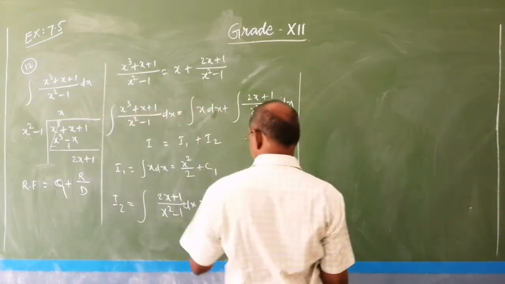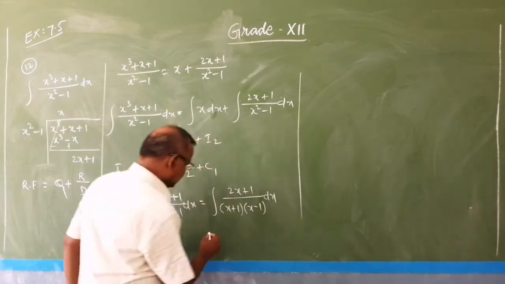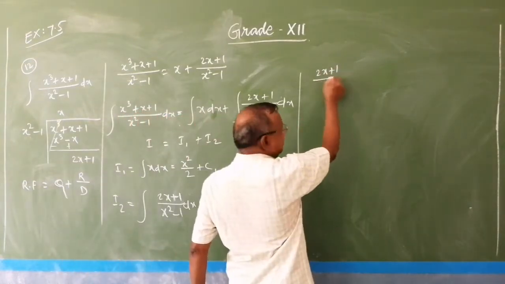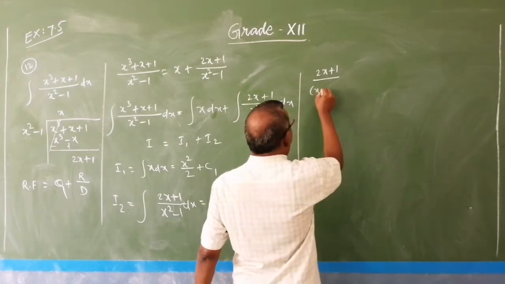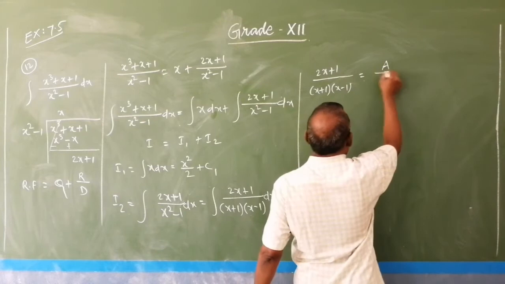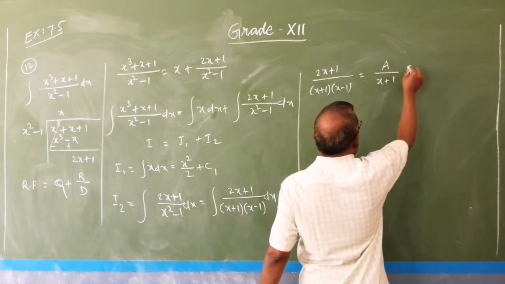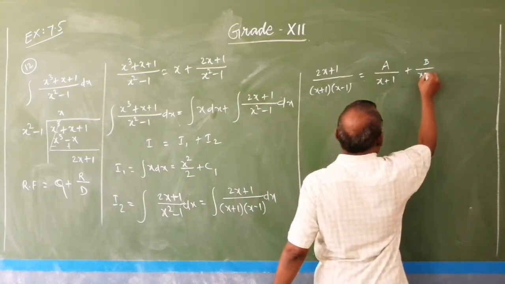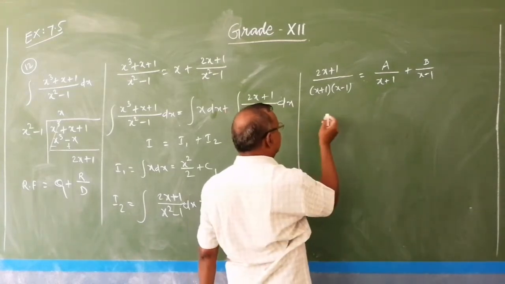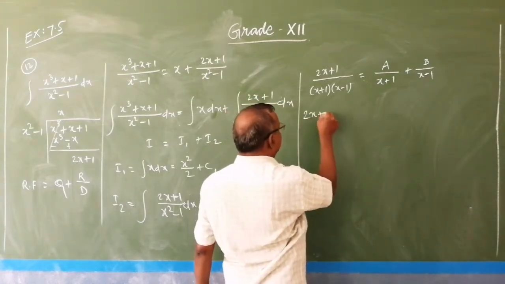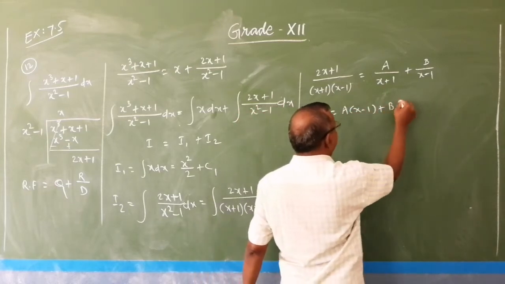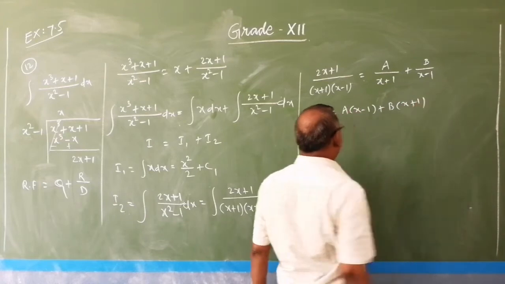Now (2x+1) divided by (x+1)(x-1) is equal to A by (x+1) plus B by (x-1). Equating the numerators on either side, we have 2x+1 equal to A(x-1) plus B(x+1).